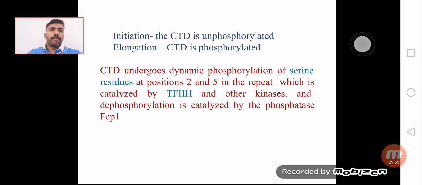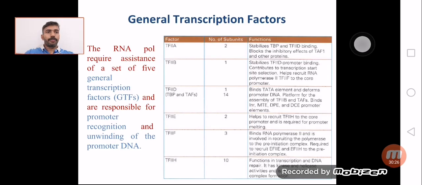So there is a phosphorylation of serine residues usually by kinase enzymes, and precisely, as we discussed in transcription, TF2H has a kinase activity, and TF2H will do the phosphorylation along with other kinases, and the dephosphorylation for the recycling of the factors will be done by another phosphatase enzyme called FCP1, so that these molecules could be used for the next cycle.